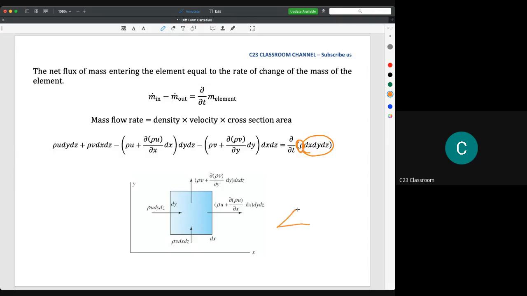Previously I showed you the cube diagram like this one, with x here, z here, and y here. The multiple of these three lengths gives us volume. So the mass here is equal to rho times volume, so we multiply the value of rho with dx, dy, and dz.